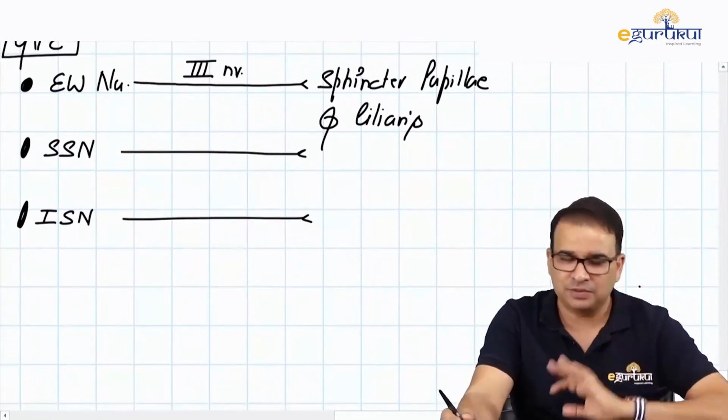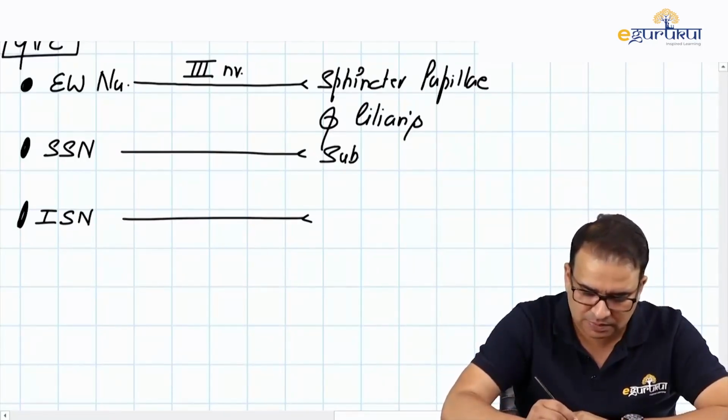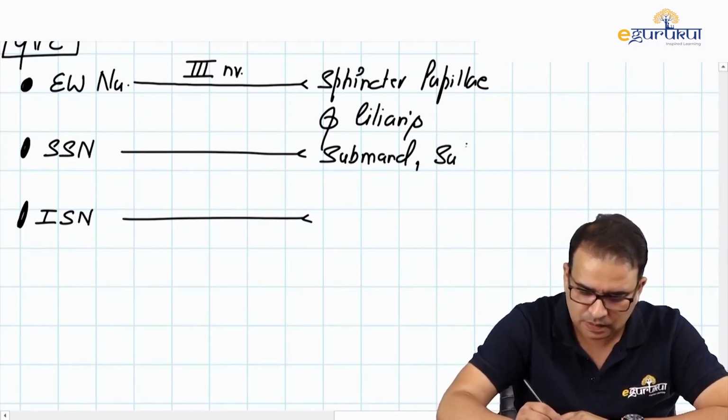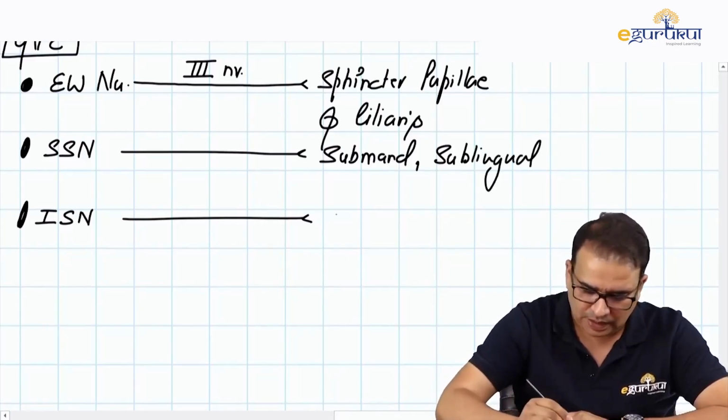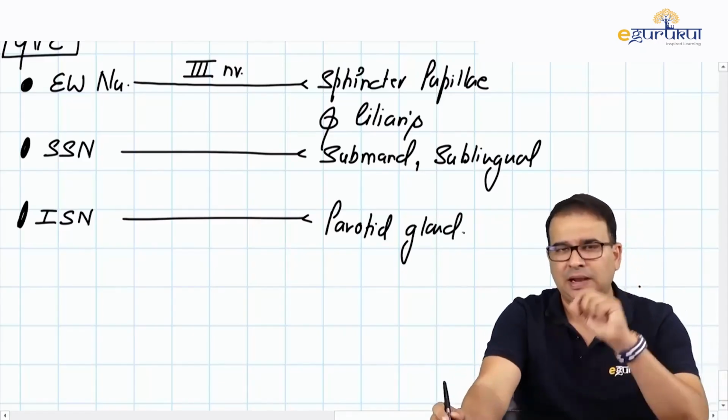Now let me write the names of these glands. Superior salivatory nucleus, we said, is for the submandibular and sublingual glands, and inferior salivatory, I'm writing it for the parotid gland.